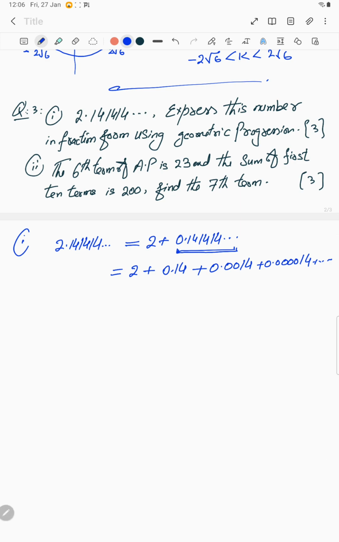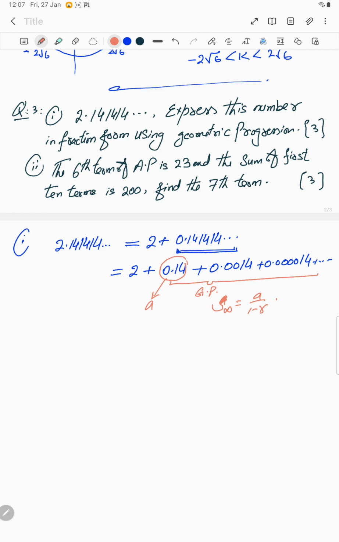So from here we have a GP, geometric progression, whose sum of infinite terms, S infinity, is a over 1 minus r, where a is the first term, here a is this, and r is the common ratio.